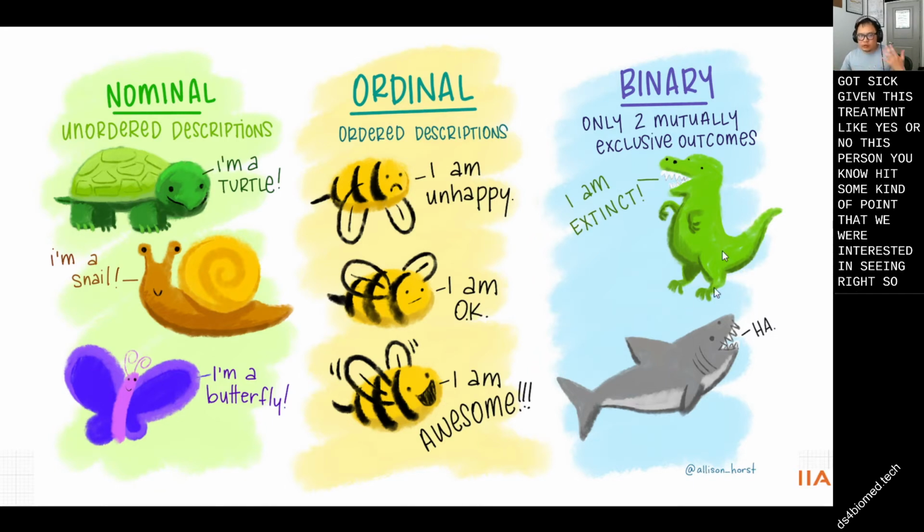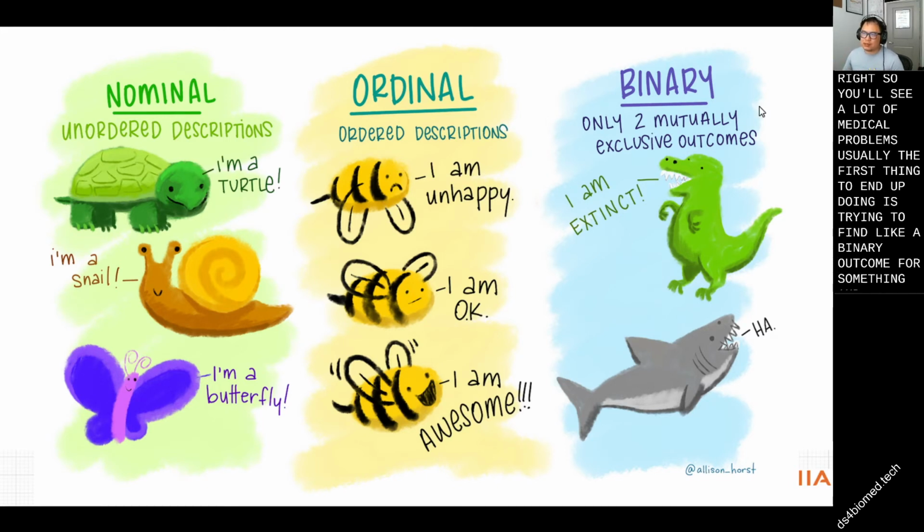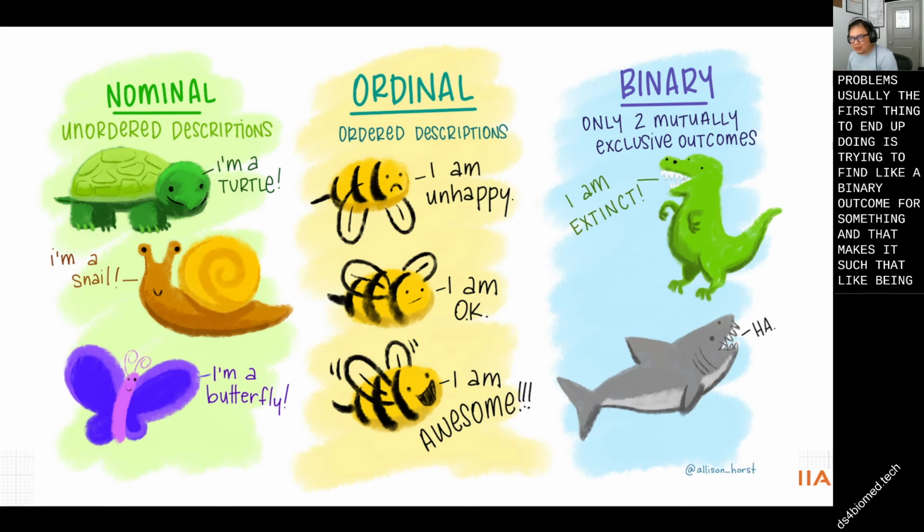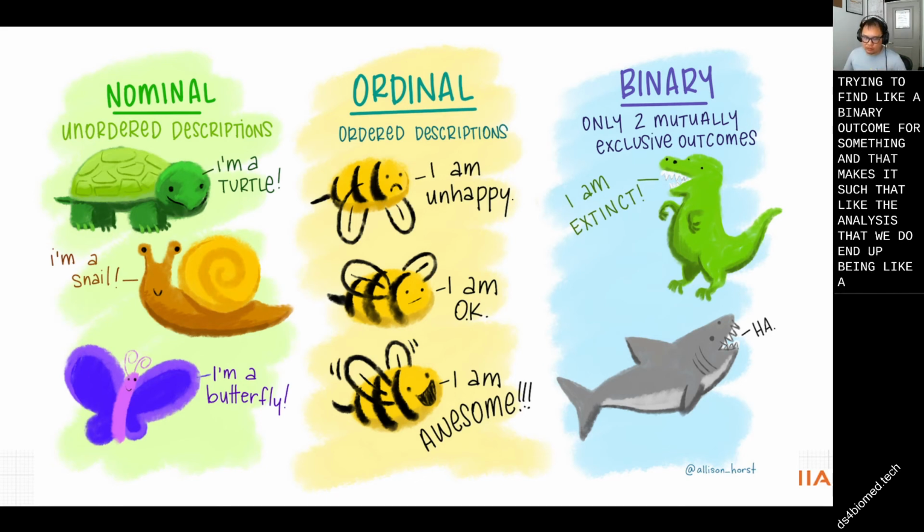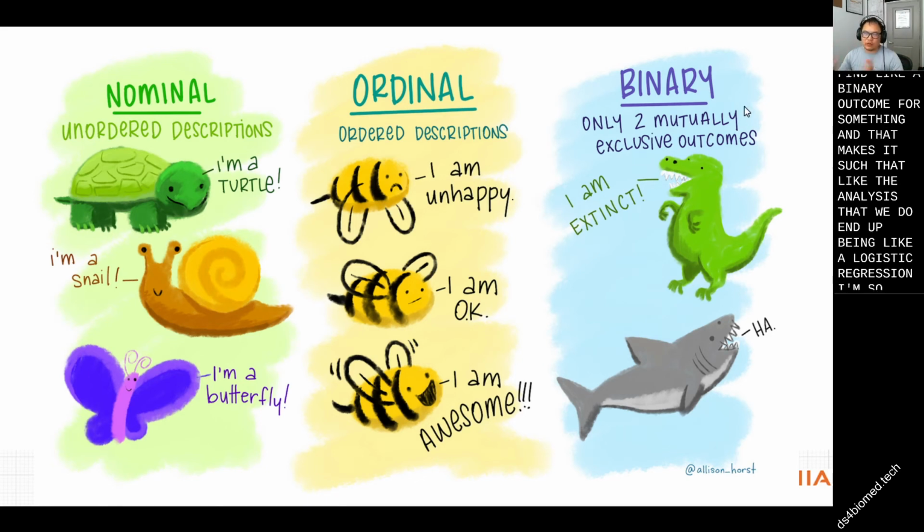So you'll see a lot of medical problems. Usually the first thing they end up doing is trying to find a binary outcome for something, and that makes it such that the analysis that we do ends up being a logistic regression. So that's how those two things tie together.